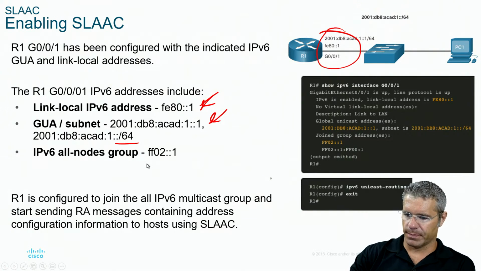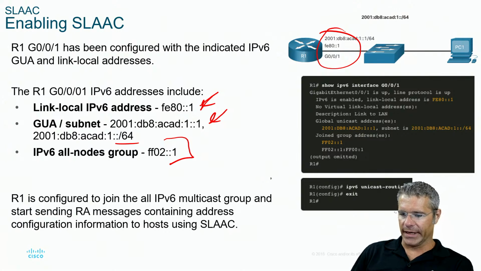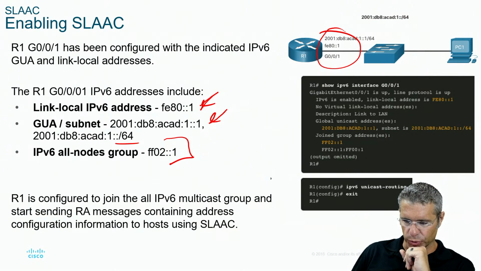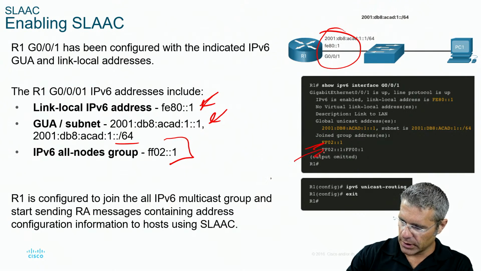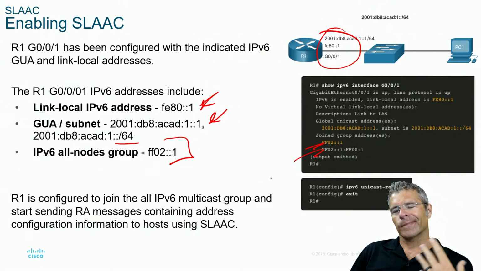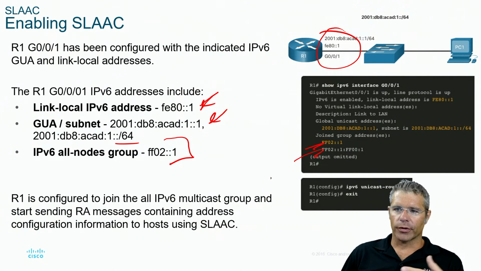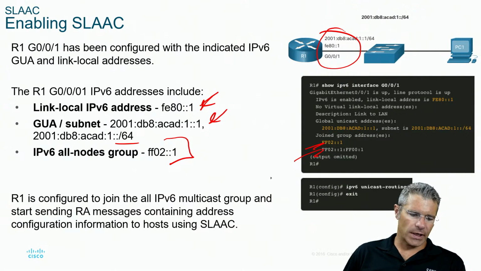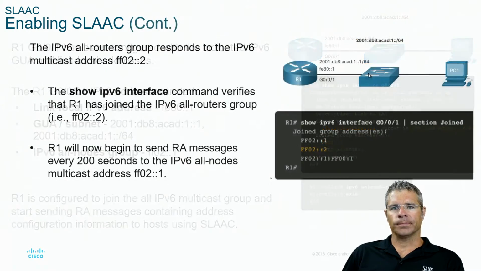And it also responds to the IPv6 all nodes multicast group, so that FF02 address. So those are the ones it is aware of. And then if you want to turn it on so that it can send stuff back and forth, there you go. And it will configure our hosts with SLAAC, all by magic.